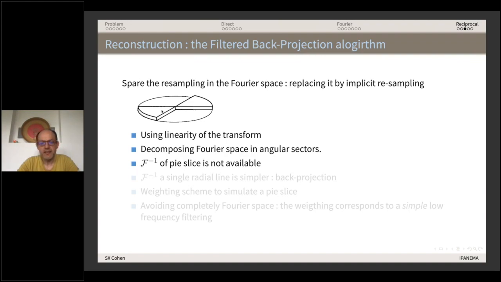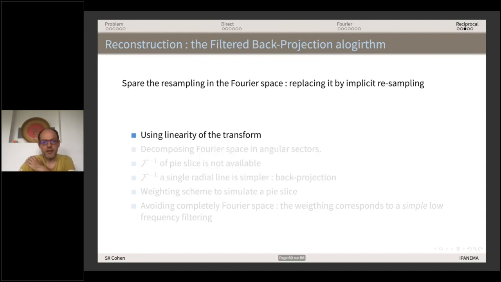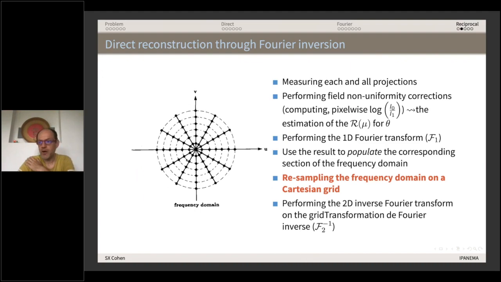So if I have a function in the Fourier space, I can do the reverse of the Fourier transform piecewise. Here you can consider this is somehow a pie, and instead of computing the back Fourier transform of all this, I will compute the back Fourier transform of a piece of pie.